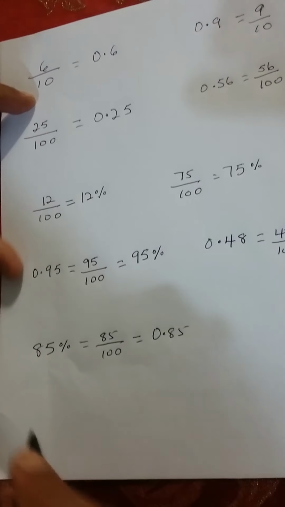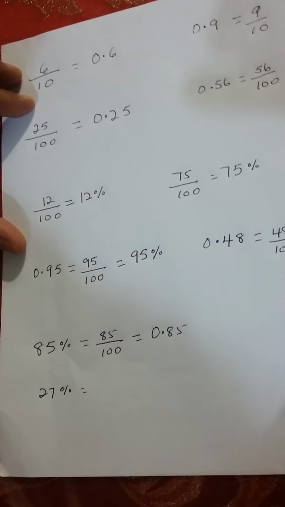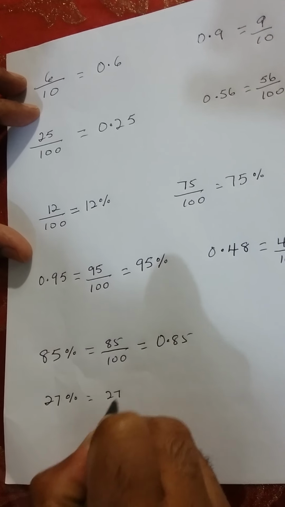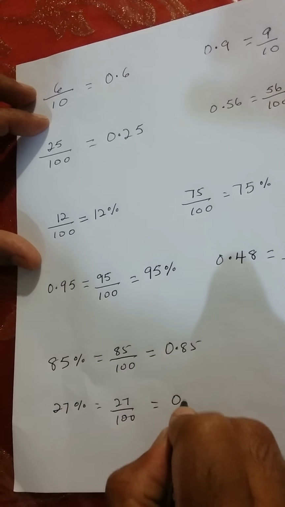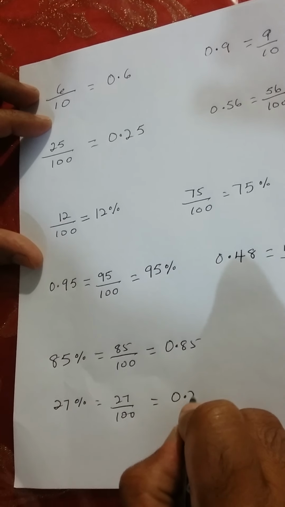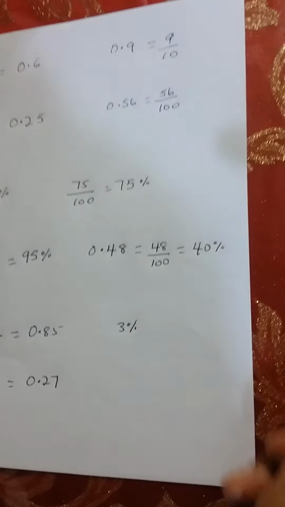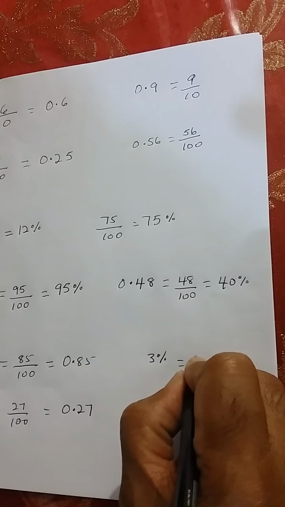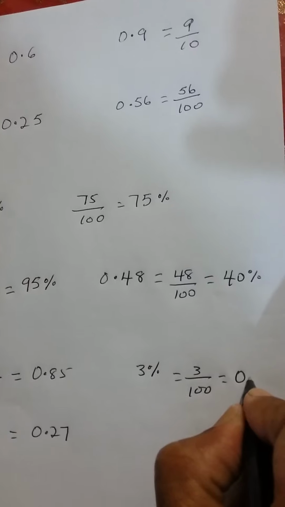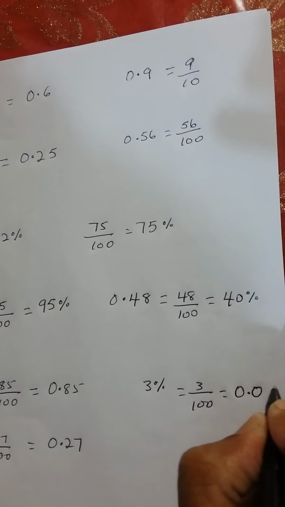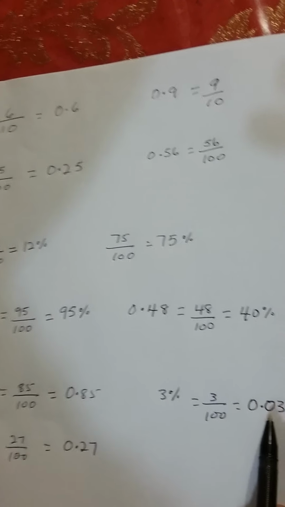All right, let's try another one. 27%, 27 hundredths, written as 0.27. What about 3%? How do you write 3%? 3% will be 3 out of 100, which is really 0.03. Remember, 3 hundredths is not 3 tenths.